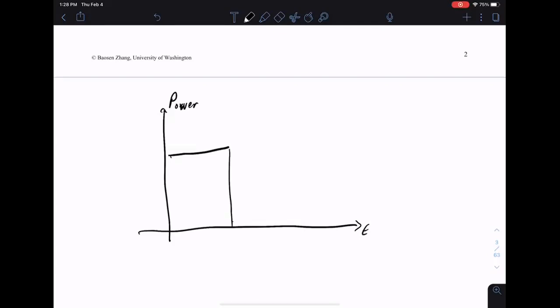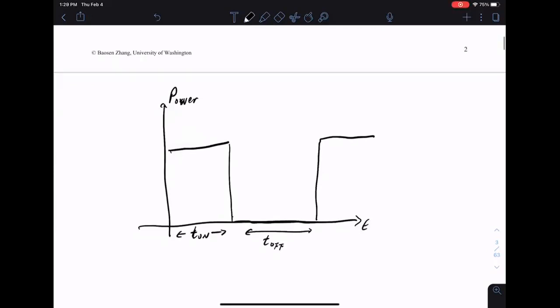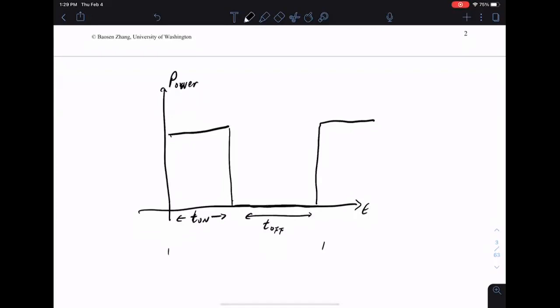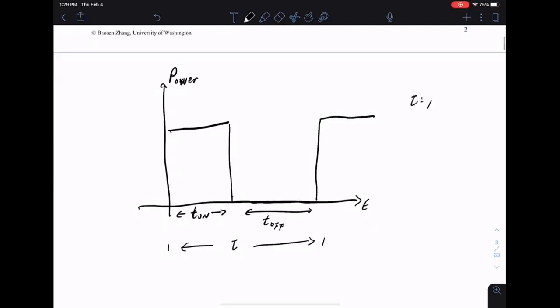If it's off, we pass nothing, and when it's on again, we pass all the power we have. This time is called T on, and the time that it's off is T off. One period, including both T on and T off, is called tau.